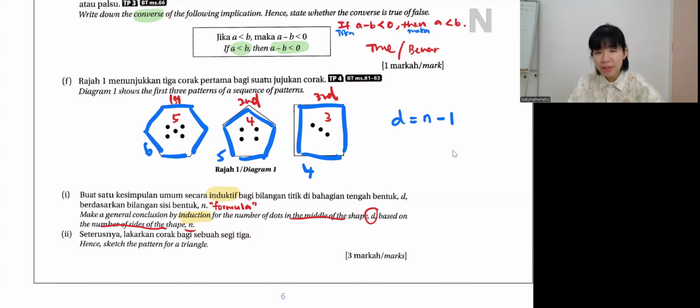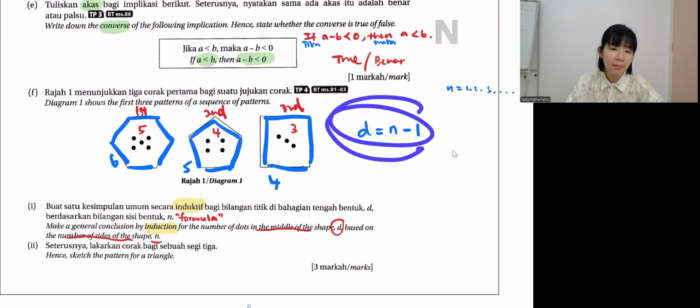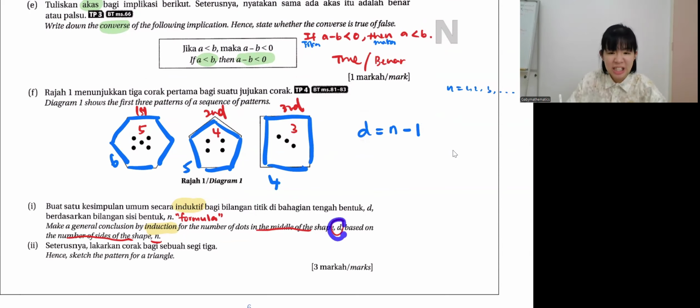Okay. Now for this question, you don't need to put N equals 1, 2, 3, dot, dot, dot. This is the unusual kind of formula they want, because they're very specific, they want D and then they want N. But usually when we do inductive, we will write n equals to 1, 2, 3, dot, dot, dot, something like that.